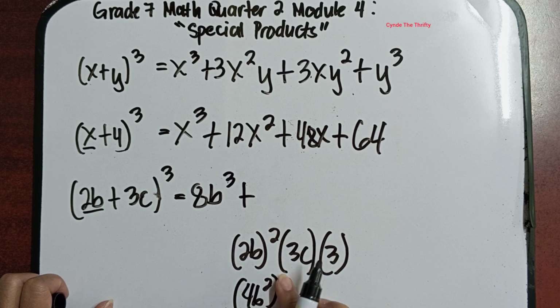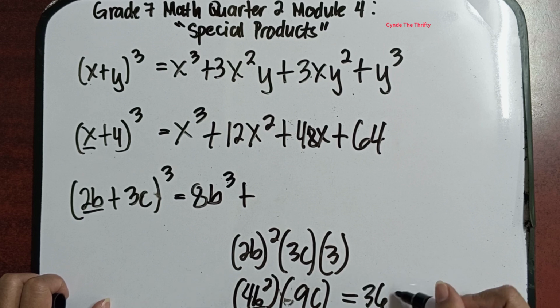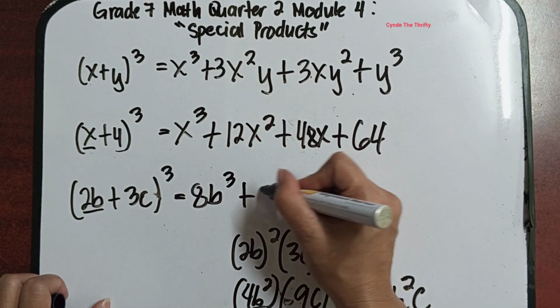Okay. So, i-multiply natin si 3 times 3 is equal to 9c. So, 4 times 9 is equal to 36. Okay. So, 36, kopyahin lang natin ang ating mga letters. So, b squared, c. Okay, so 4 times 9 equals 36 and then b squared tapos c.